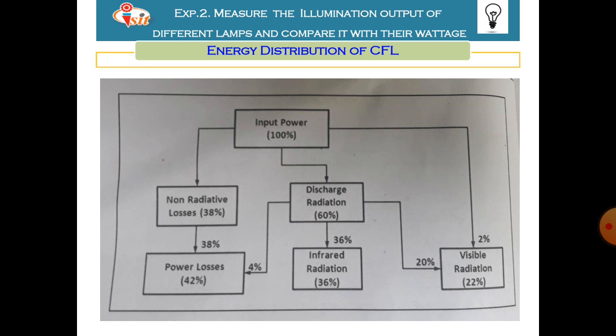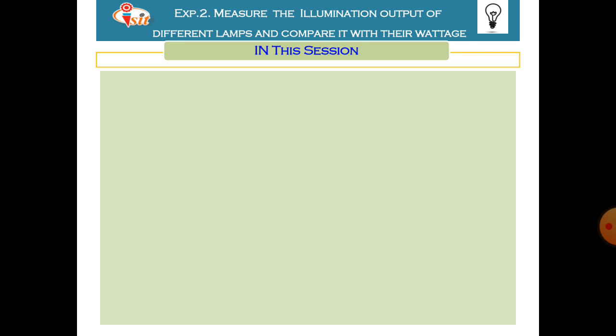In discharge radiation, out of 60%, it gives infrared radiation 36% and visible radiation 20%. So in the CFL, 22% of radiations are available for the user end, which is more than the incandescent lamp.